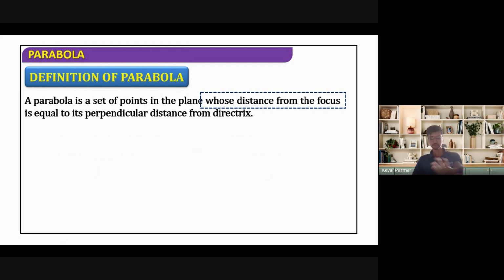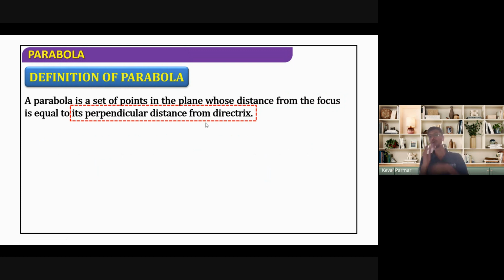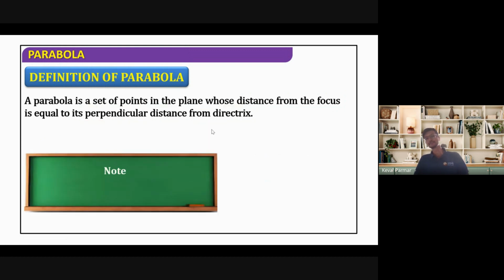So SP, the distance from the focus, is equal to PM, which is the perpendicular distance from directrix. So the definition of parabola is eccentricity equals 1, or you can say if eccentricity is 1, then SP equals PM. The eccentricity of parabola is 1.